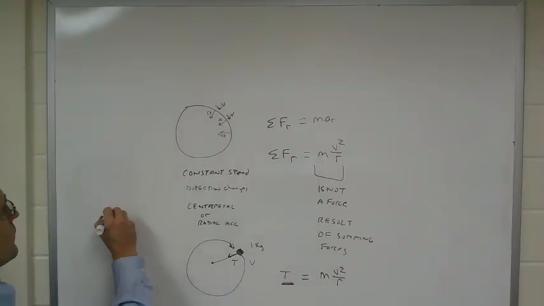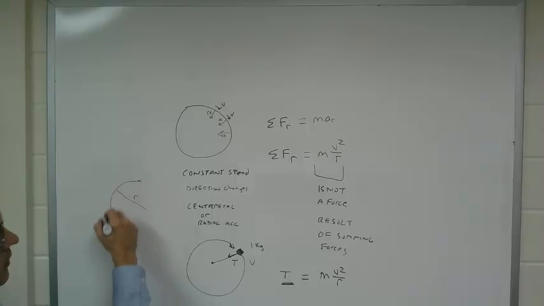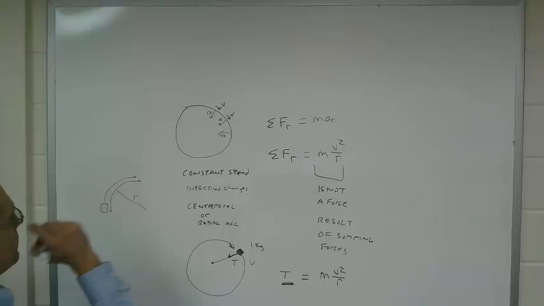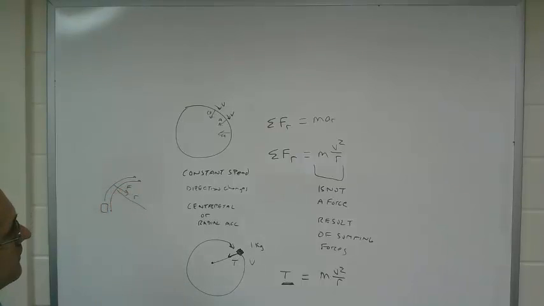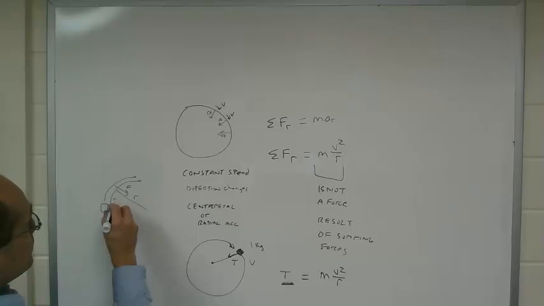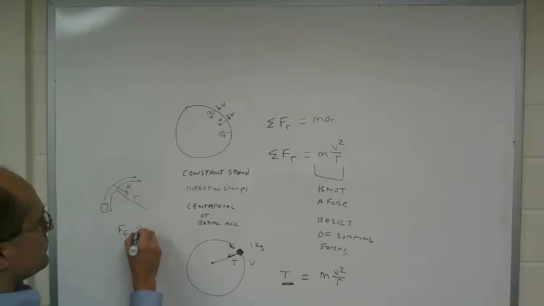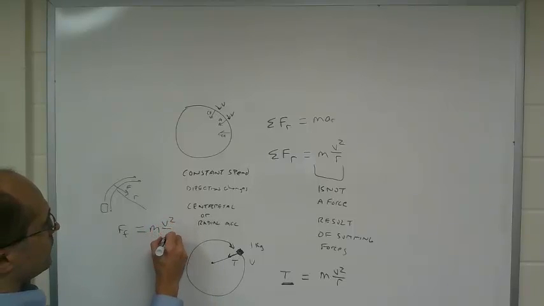You can think of your car taking a turn. Usually there's some radius to that curve that your car goes around. When your car is taking a turn, you need to have some force in the radial direction pulling you in. It turns out that the friction force in your tires is what's responsible. So the friction force of the tires has to be mv squared over r.